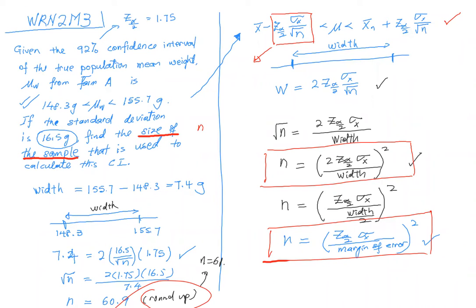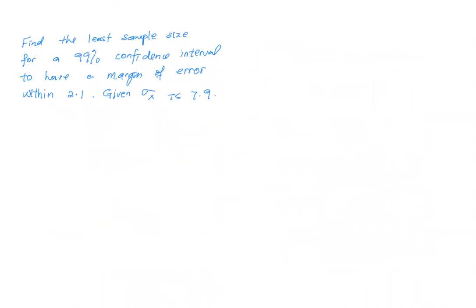Yes. So which formula? Can you please read it to me? Okay. Now I want to find n. Okay, give me the formula. 2Z. No. Z alpha over 2, is it?